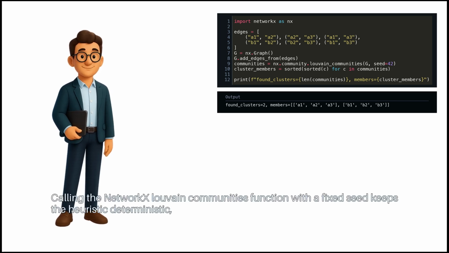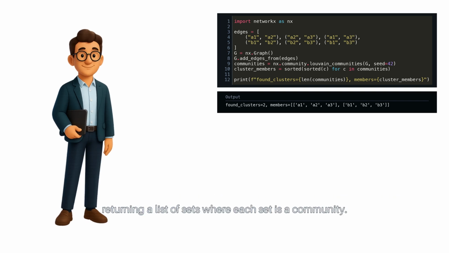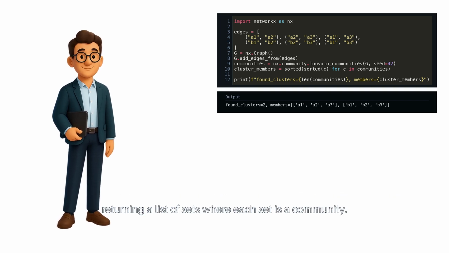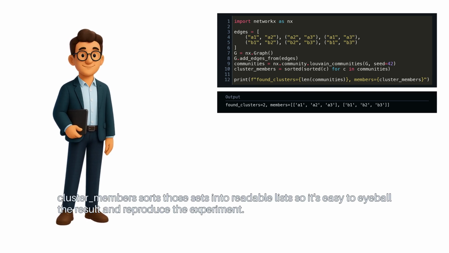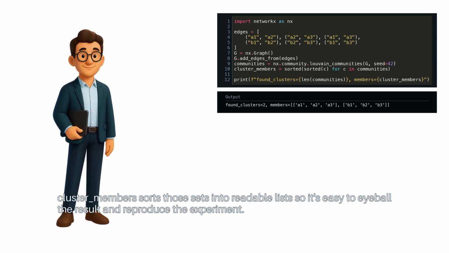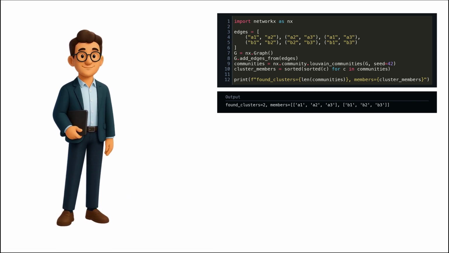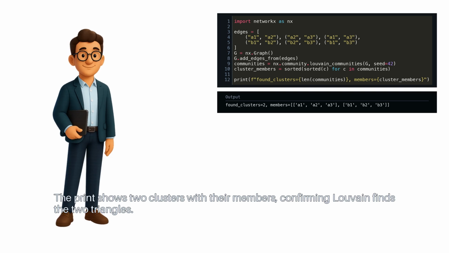Calling the NetworkX Louvain communities function with a fixed seed keeps the heuristic deterministic, returning a list of sets where each set is a community. Cluster members sorts those sets into readable lists, so it's easy to eyeball the result and reproduce the experiment. The print shows two clusters with their members, confirming Louvain finds the two triangles.